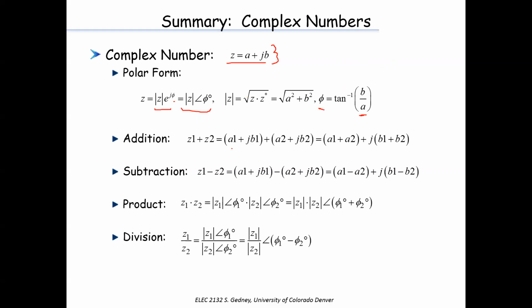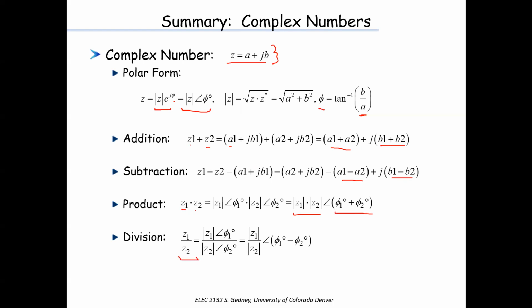In order to get the right angle for phi. Next, when we add two numbers, we simply do this in rectangular form. We add the real parts and the imaginary parts. Subtract, and I simply subtract the two real parts and subtract the imaginary parts. When we multiply two complex numbers, I multiply the magnitudes and I add their phases.